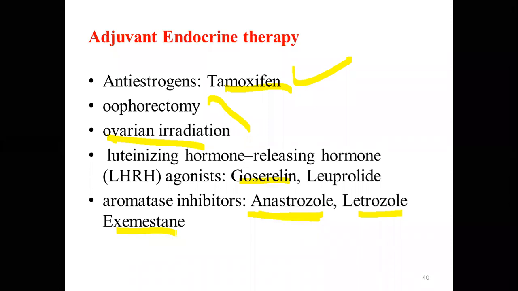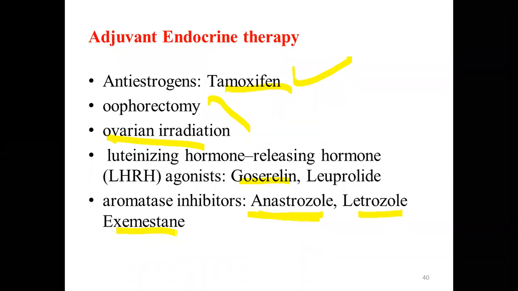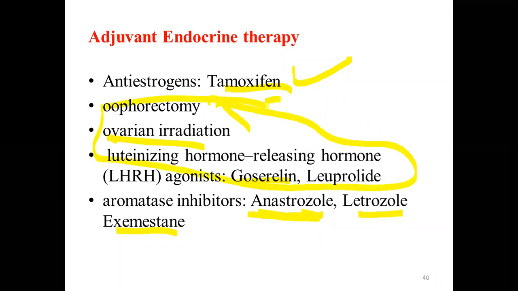So when you think about adjuvant endocrine therapy in breast cancer, don't forget tamoxifen and aromatase inhibitors. The others are not commonly used. I just mention them for the sake of information. So they can be used. Is there any difference in the efficacy?